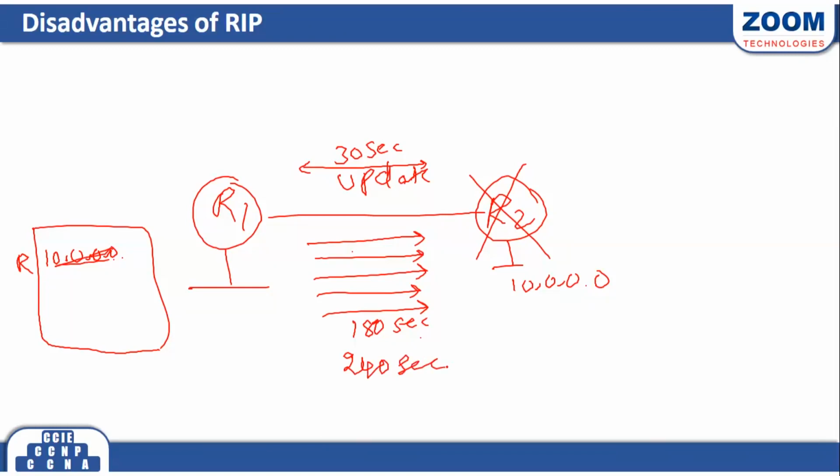If there is no update from R2 by 240 seconds, this network is flushed from the routing table. So 30 seconds is the update timer, 180 seconds we call the invalid timer, and 240 seconds is the flush timer. Finally, what I'm trying to explain is that RIP convergence is very slow: 30 seconds, 180 seconds, 240 seconds.